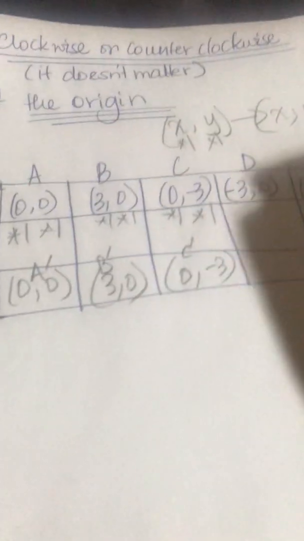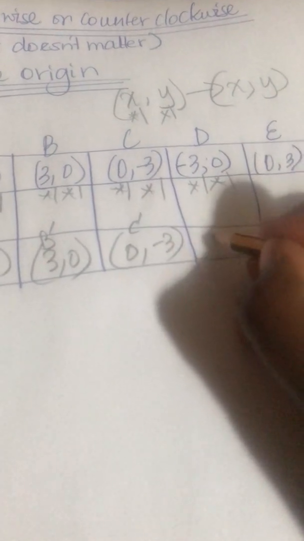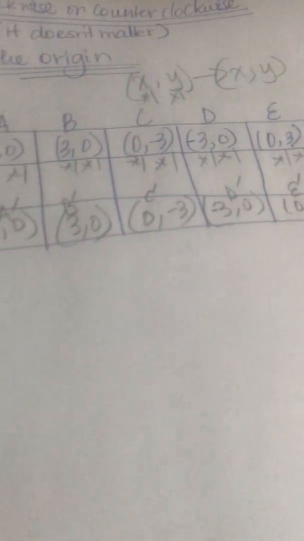C prime, multiply by 1, 0, -3. Multiply by 1, 3, 0, -3, 0. This is D prime. And E prime, 0, 3. Multiply by 1, multiply by 1.